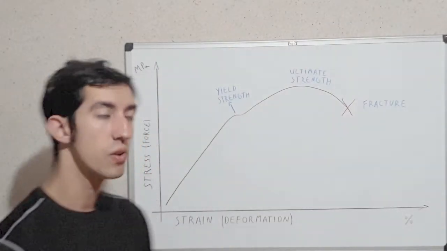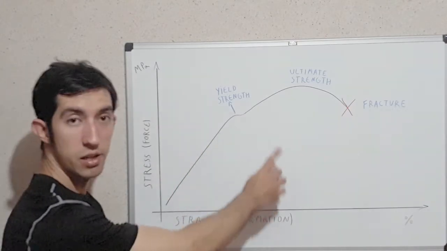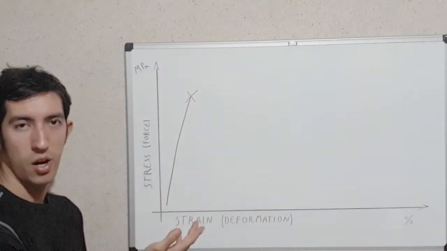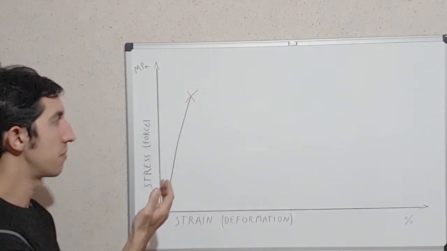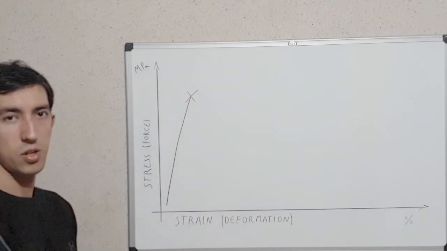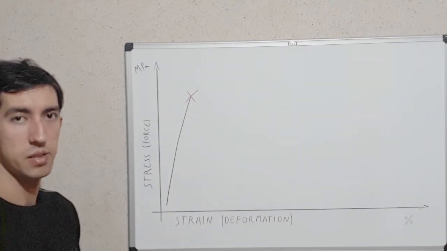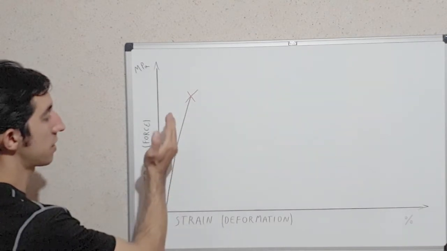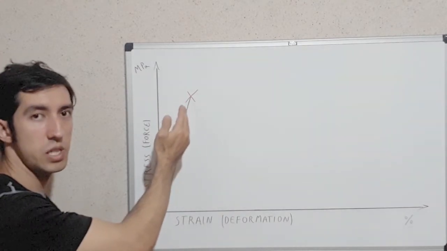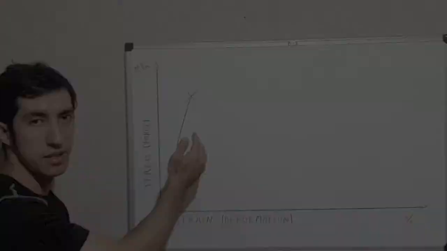Now I will show you some types of different curves here. This curve represents glass or a piece of very fragile material like iron. So the material doesn't have the plastic region, and as soon as it finishes the elastic region, the material breaks.